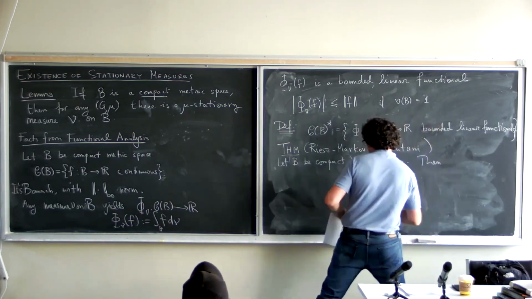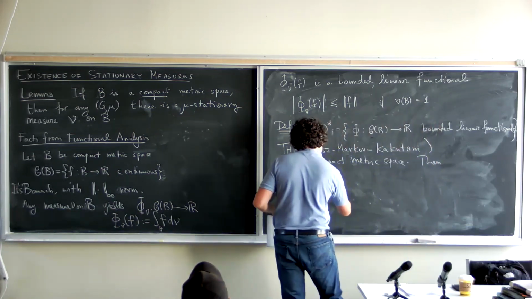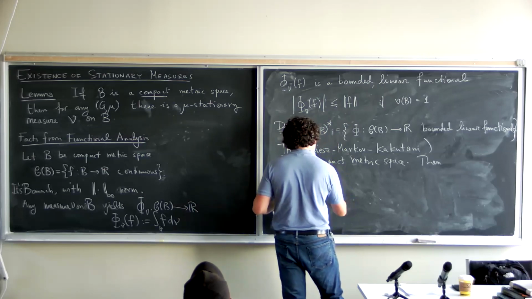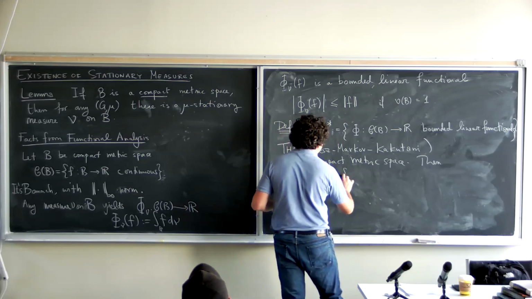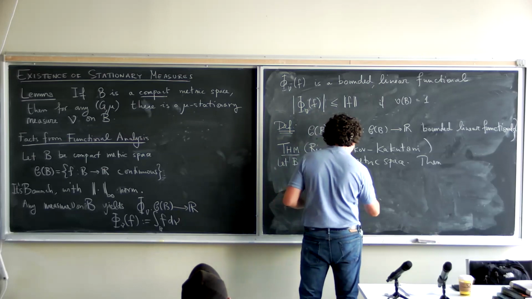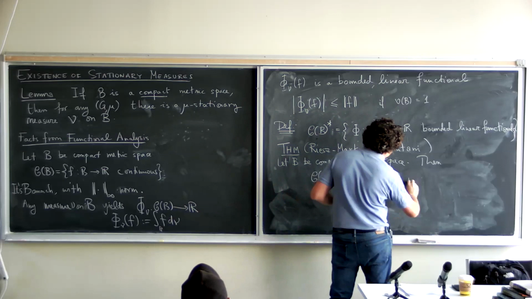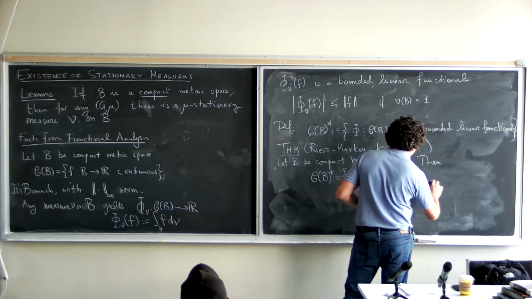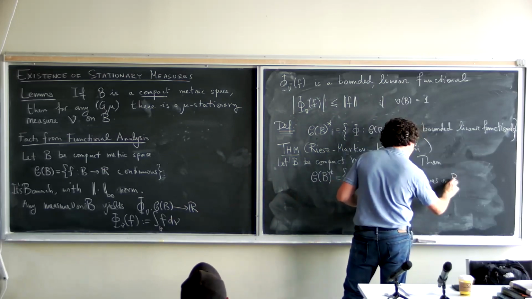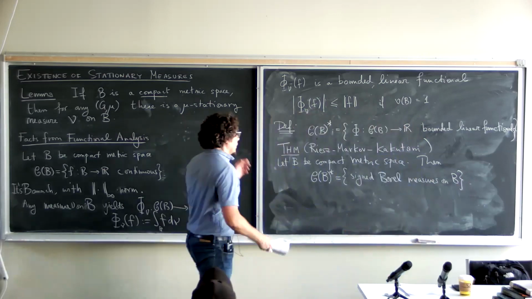Then the dual space of continuous functions is the space of signed Borel measures. What does it mean?